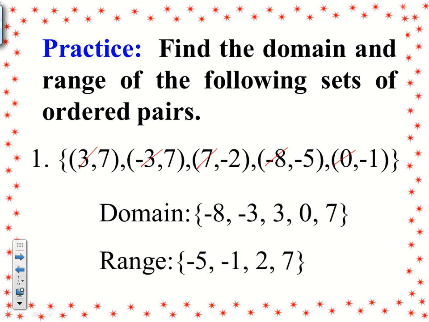And my range would be -5, -1, that should be a -2, and then a 7 that I will not have to write twice. Now, this is easy to name the domain and range.